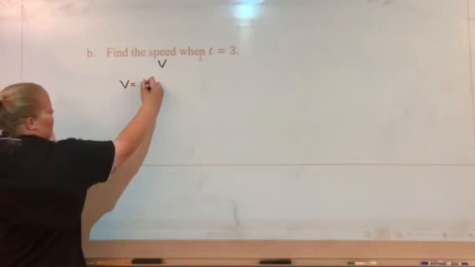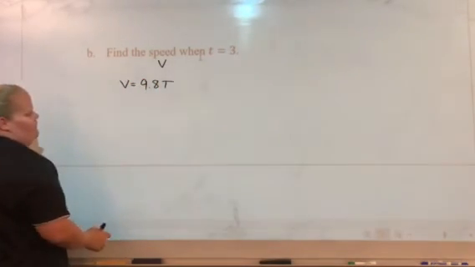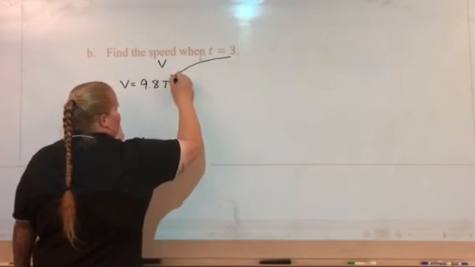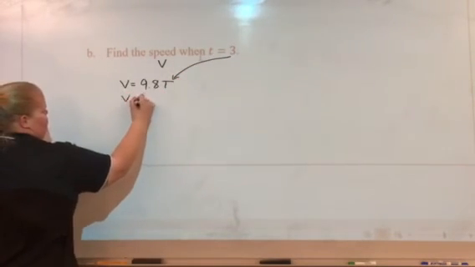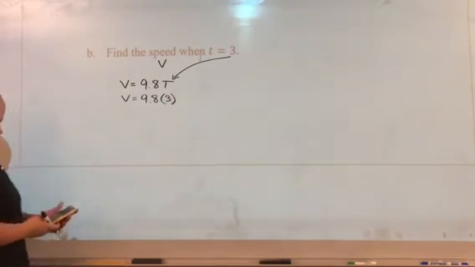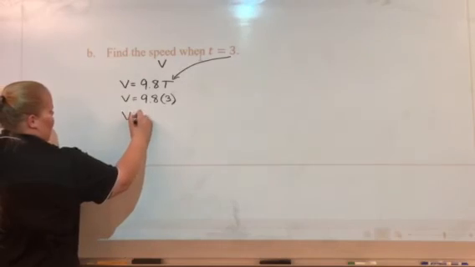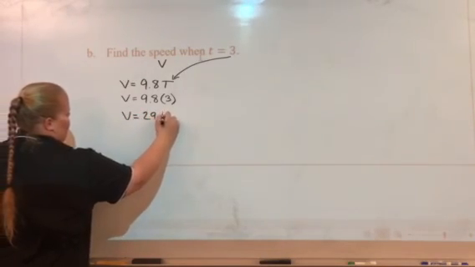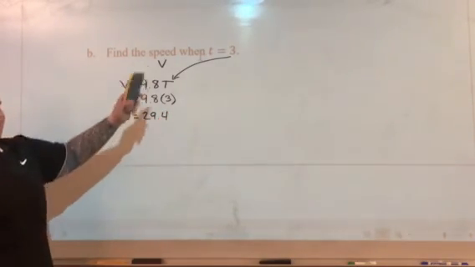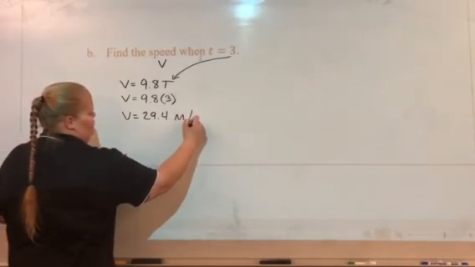And we know that from our previous example, v equals 9.8 times t. Well, it says t equals 3. So v equals 9.8 times 3, which is going to be 29.4. So after 3 seconds, the speed of the rock is 29.4 meters per second.